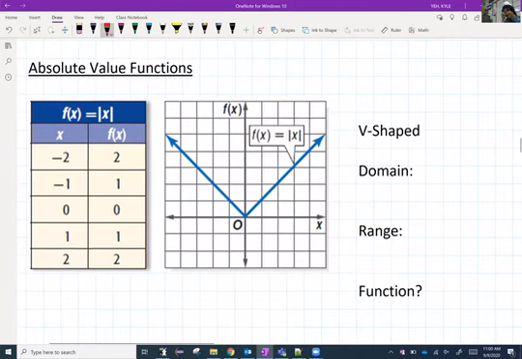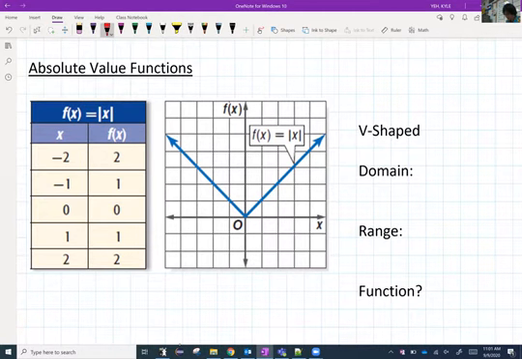So absolute value functions always have this very distinctive V shape. Sometimes the V is really wide, sometimes the V is narrow, sometimes it's upside down, really wide, really narrow. It might be moved off to the side, but it always has this V shape. And so how do we graph it? We want to find the rebound point, and I'll talk about what that is.